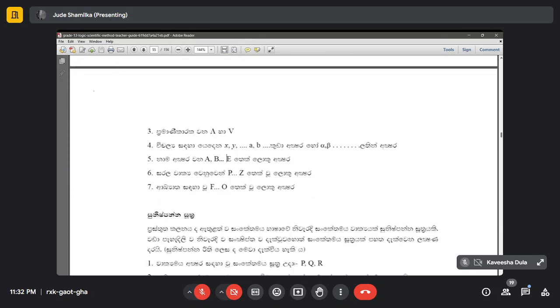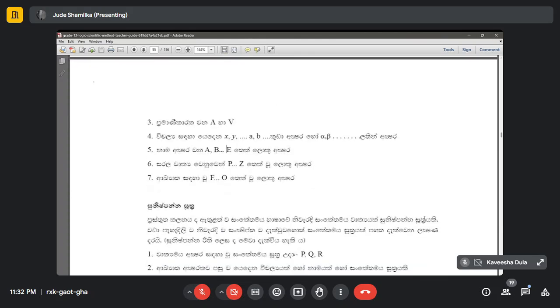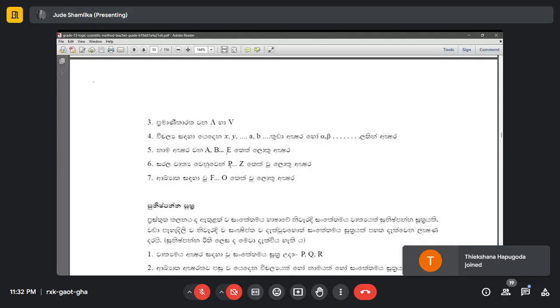Then these are name letters, which means a, b, and likewise it goes on. We did not come across a few of these, but these letters, p to z, we have used in propositional logic.